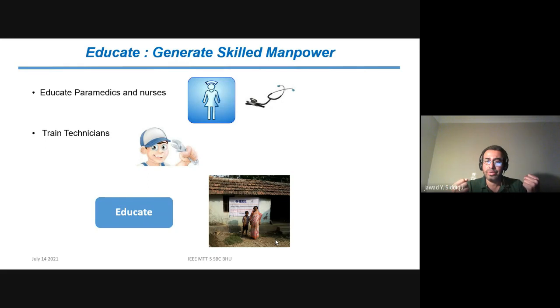I found out about the electronic stethoscope, because the very first thing you think about a doctor is the stethoscope. That's the very first heart and lung sound that he hears.